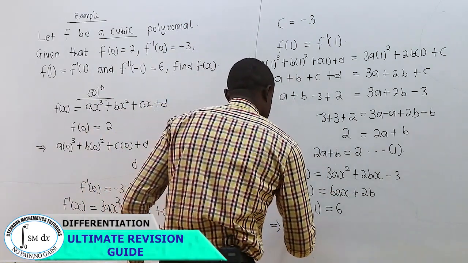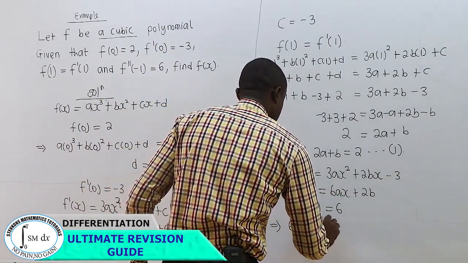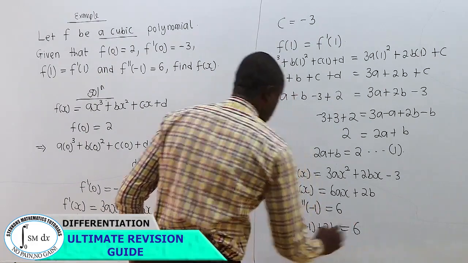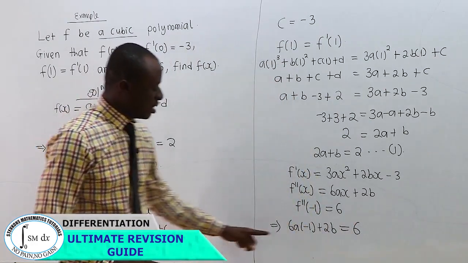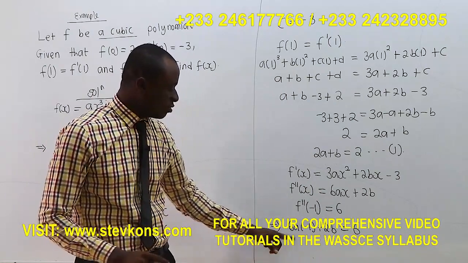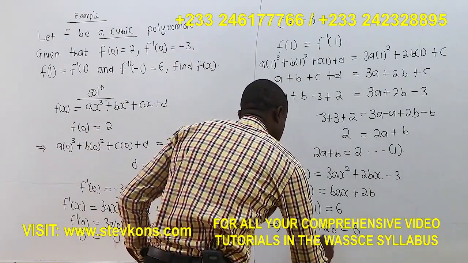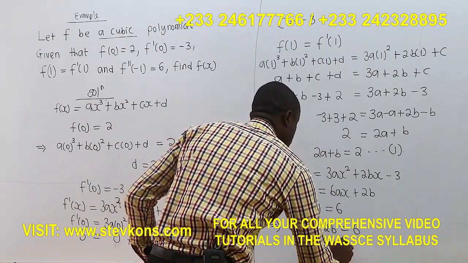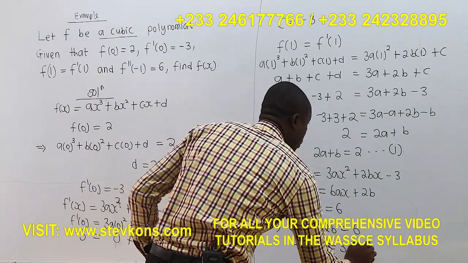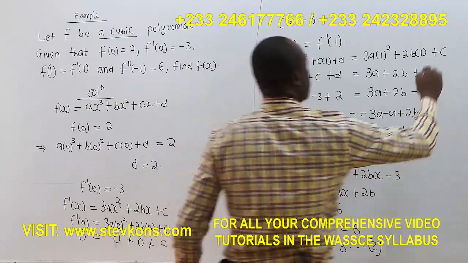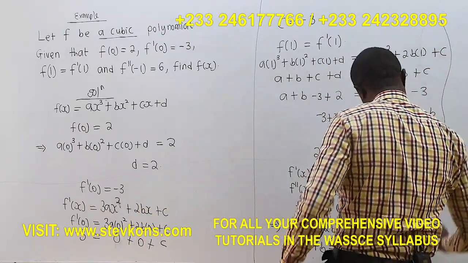So I have 6a times negative 1 plus 2b, and this is 6. Now I can divide through by 2. So when divided by 2, here I'll be getting negative 3a, b divided by 2, and this is 3. And this is our equation 2.